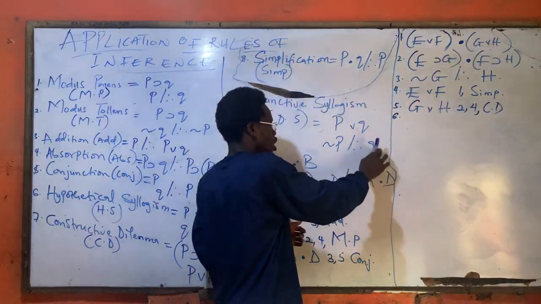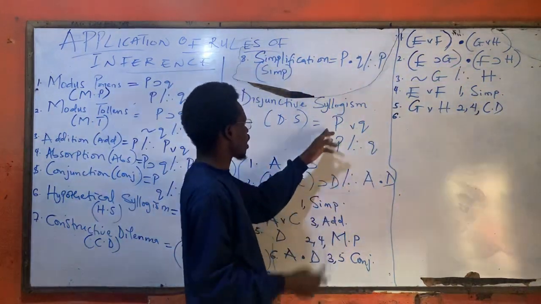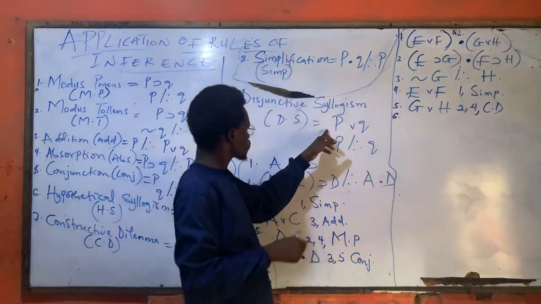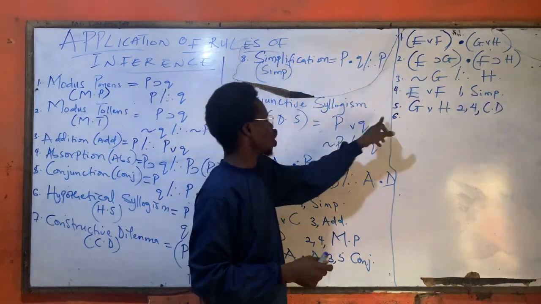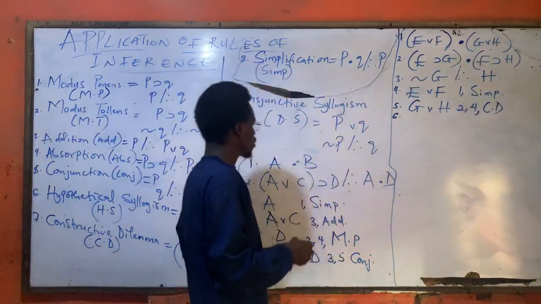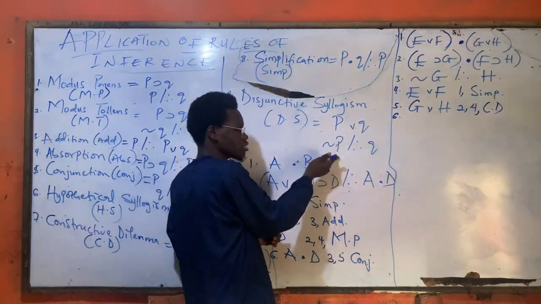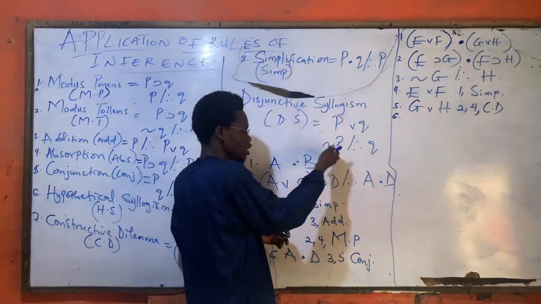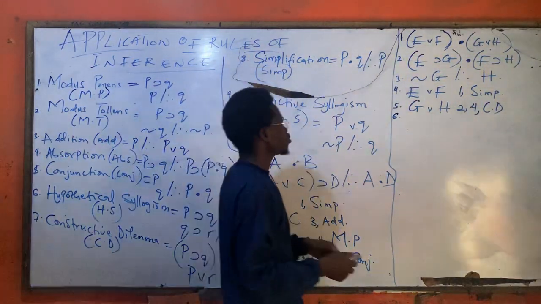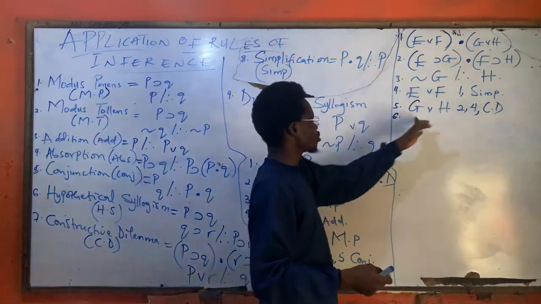Let me use an example. It's either you are a first class student or you are an average student. Since you are not a first class student, therefore you are an average student. I hope you get it now. So this is applicable here.